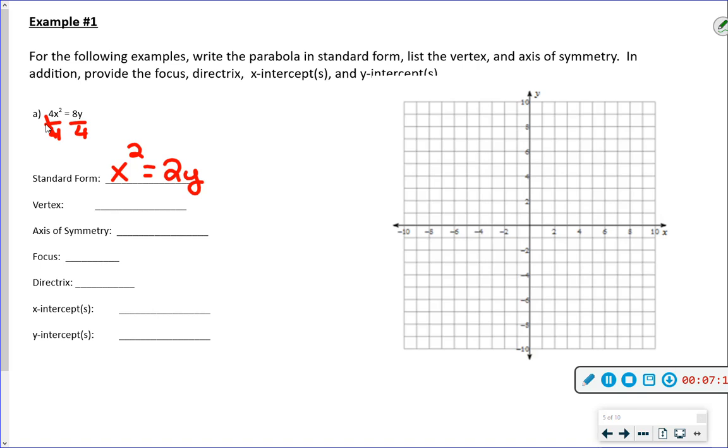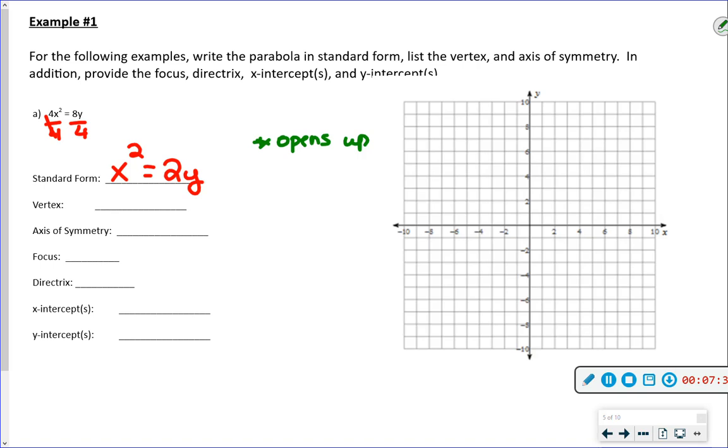Got it. Now, I always like to jot down how it's going to open, just so I have that in my mind. So x squared are the horizontals, kind of opposite what you would think, positive 2, so it's going to open up, vertical. Opens up. Again, it doesn't ask for that, but I just like to know. Okay, our vertex. Just like on your circles, there are no parentheses.